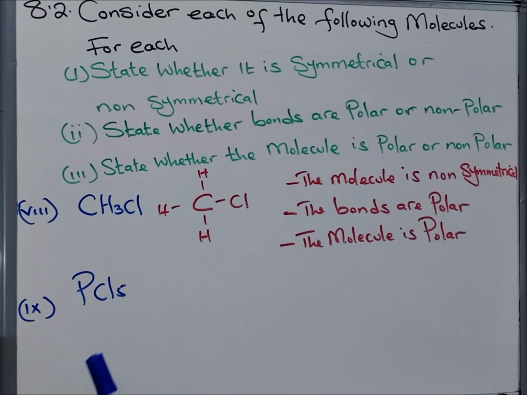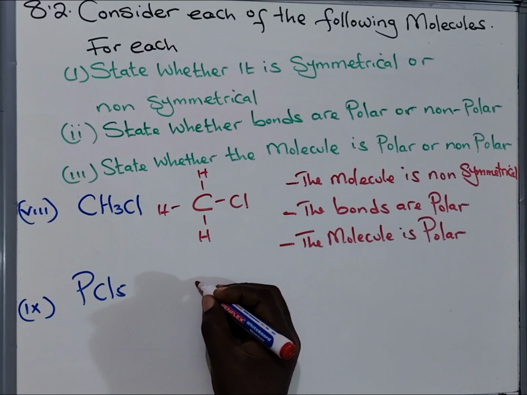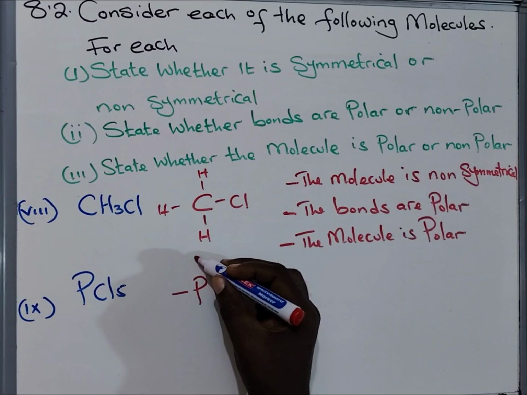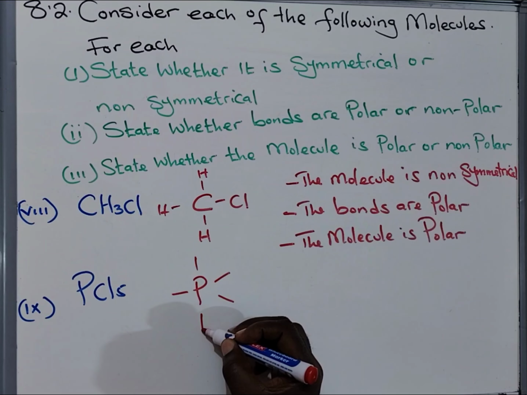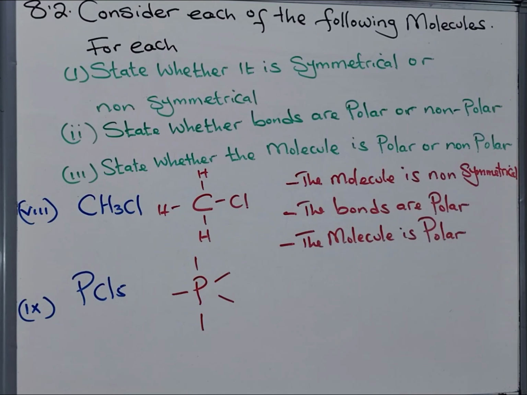Yeah, then we come to this one, phosphorus pentachloride. Okay, what do we have here? We have a central atom with 3 links, and 1 up and 1 below. So what happens is that these 3 link up to form a triangle, and each one of the atoms making up the triangle links up with the one up and the one below.